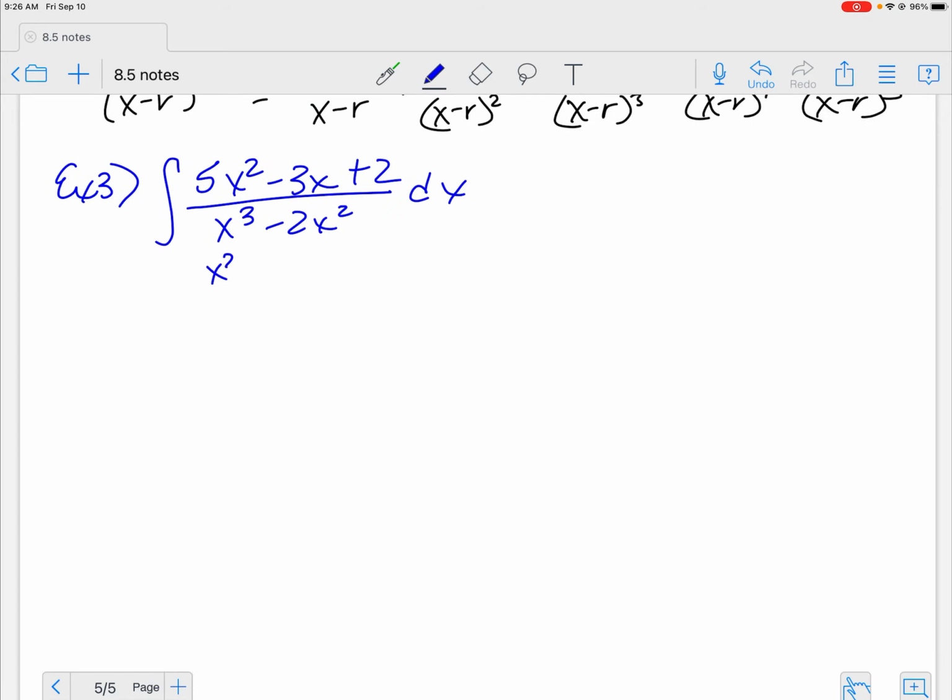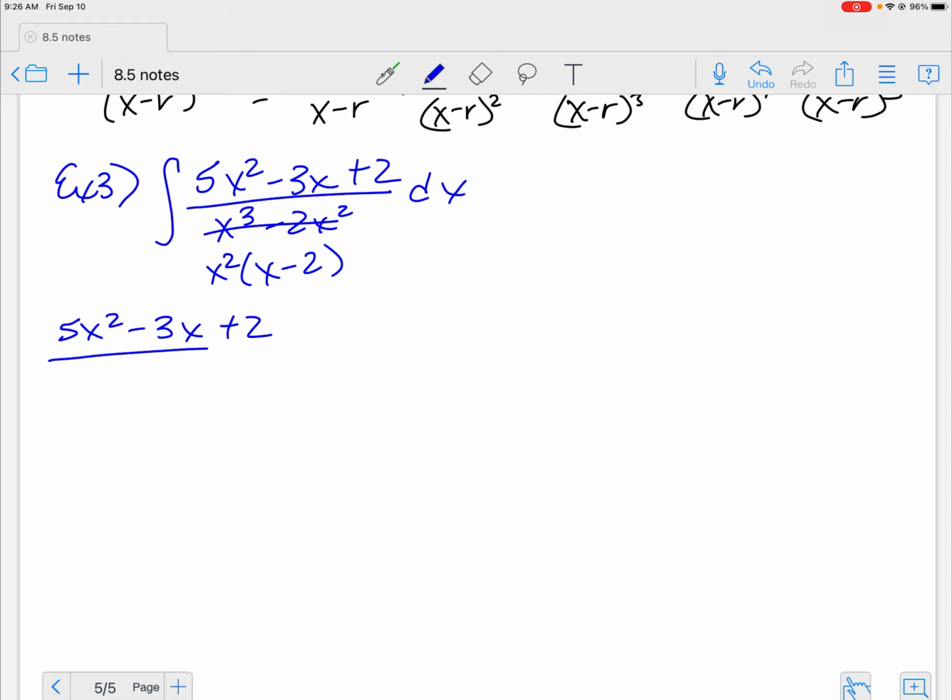We're factoring out that denominator. I factor out an x squared, and I'm left with x minus 2. Now, the repeated linear factor is this x squared. If there was adding or subtracting anything next to it, that wouldn't be a repeated linear factor. But this one is repeated because it is squared. And the other is just x, which is simple.